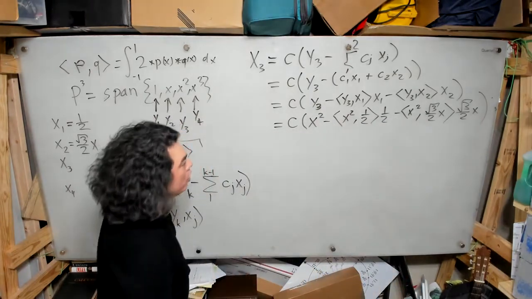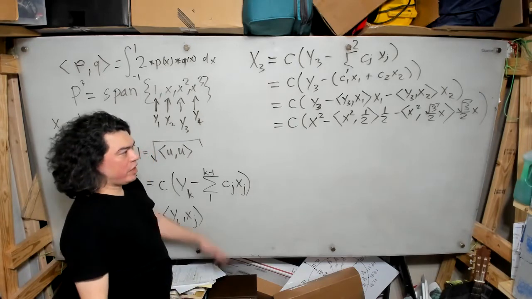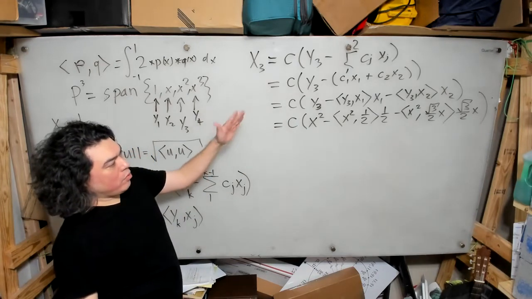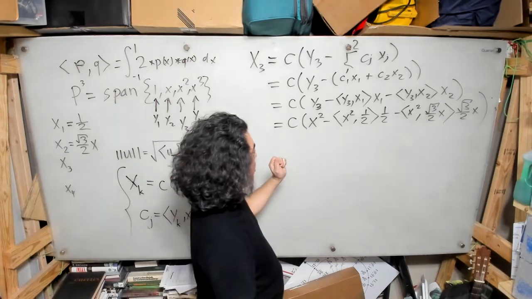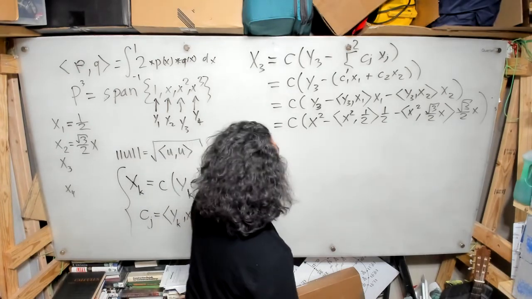Okay. So now what we have to do is we have to calculate those inner products, and then we're going to have to simplify this whole thing. So let's do that together here.